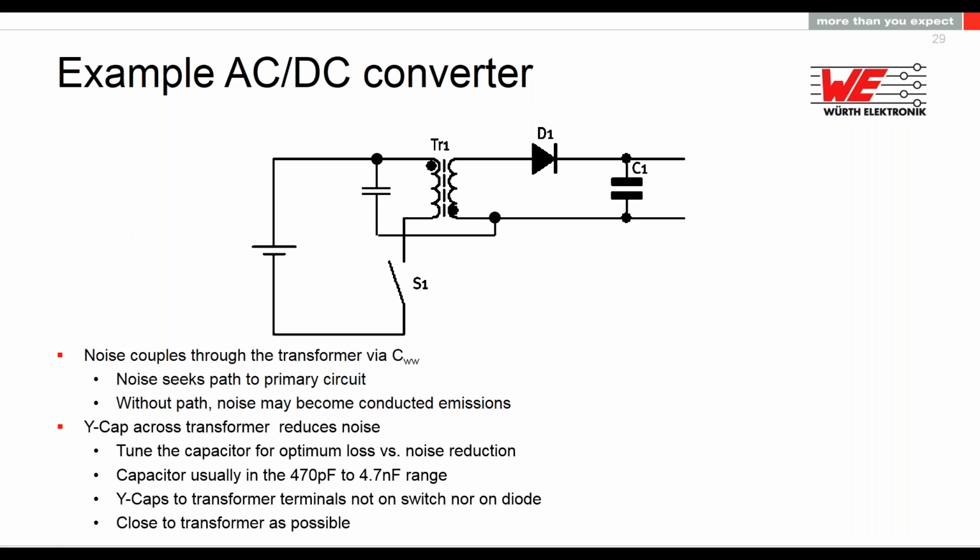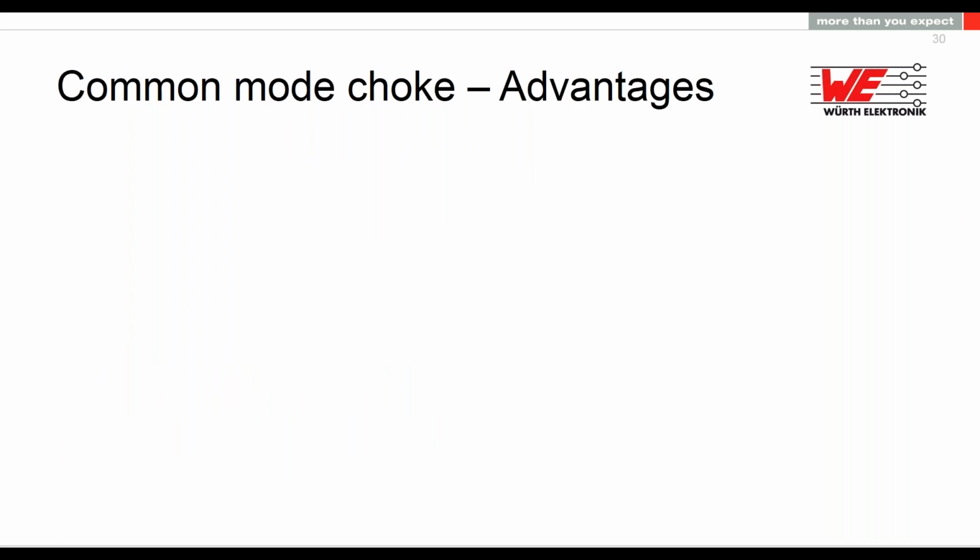It is a value which can jitter. For this capacity, you can select a value in a range from 470 pico to 4.7 nano, the maximum value, and high kilovolt, of course. And with this value, you can adjust that the noise is going in that area where your common mode choke has the best rejection, the best filtering, and you make your life happier and you pass the EMC test.